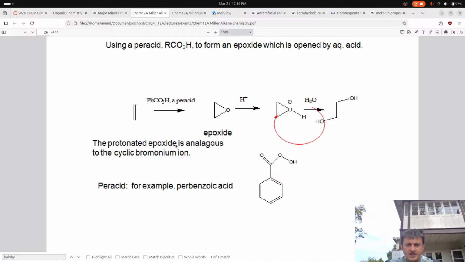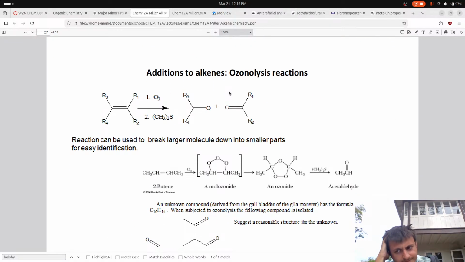The protonated epoxide is analogous to the cyclic bromonium ion, so this has got to be anti. Some stereochemistry is involved here. That's pretty interesting. Okay, ozonolysis.